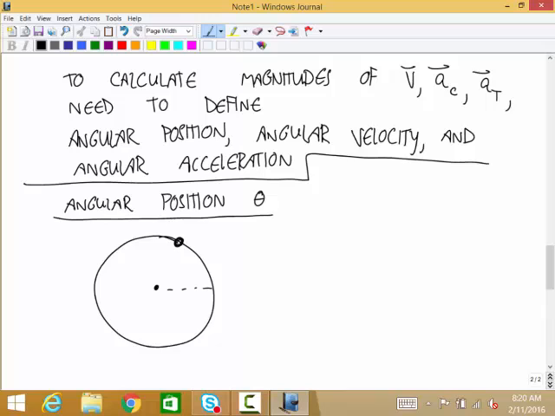So let's say this is the object at some instant. Draw a line between the center and the object. And that angle theta, the angular position, is the counterclockwise angle from the positive x-axis to that line.